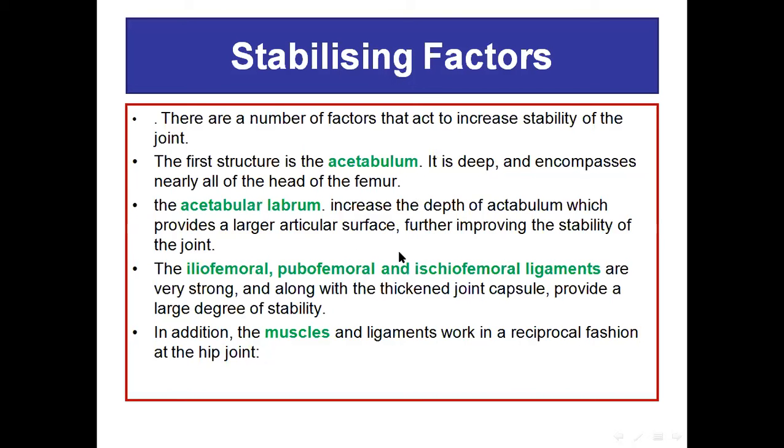The stability of the hip joint, or stability of any joint, depends on three factors: the bone, the ligaments, and muscles. The bone here is the acetabulum, which is deep and accommodates a large part of the head of the femur. The acetabular labrum increases the depth of the acetabulum and provides large articular surfaces, improving the stability of the joint.